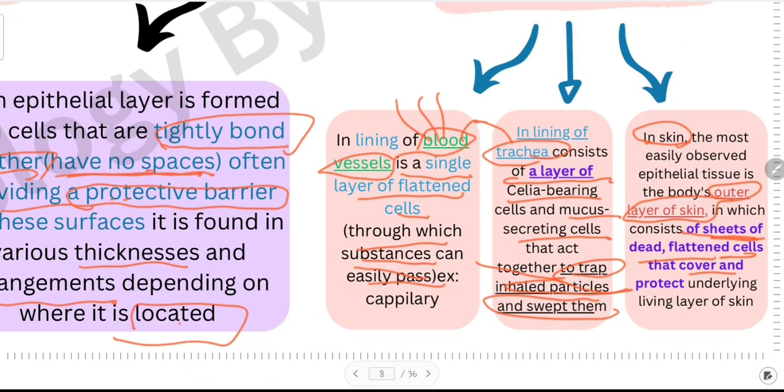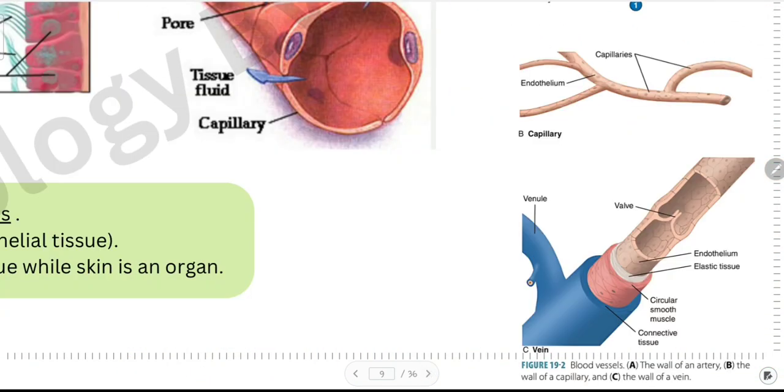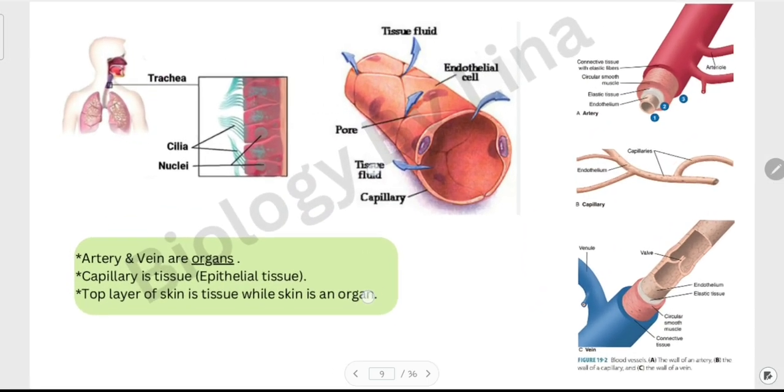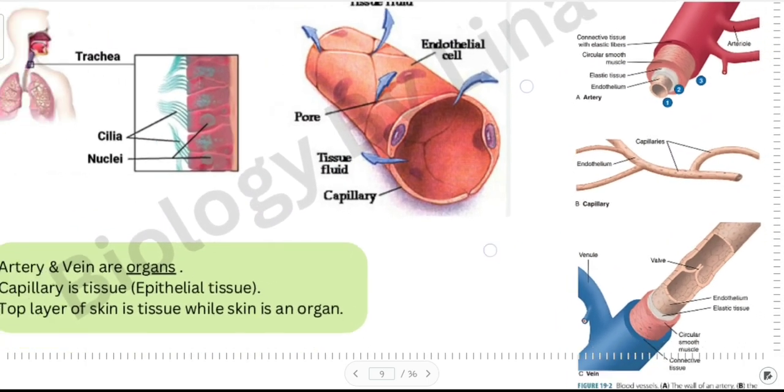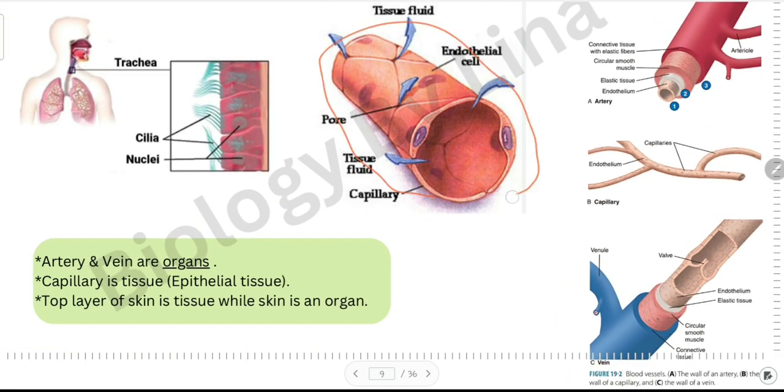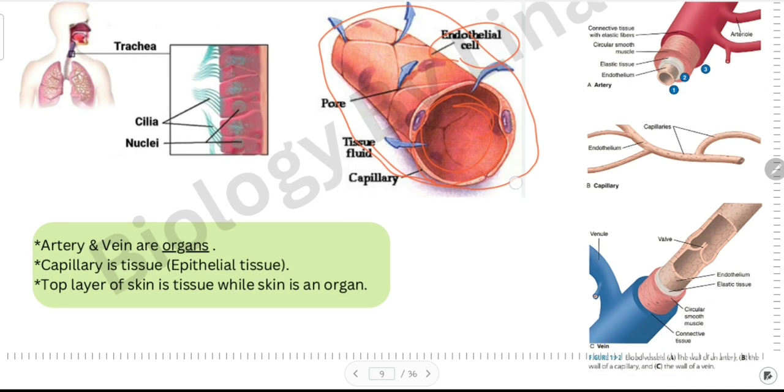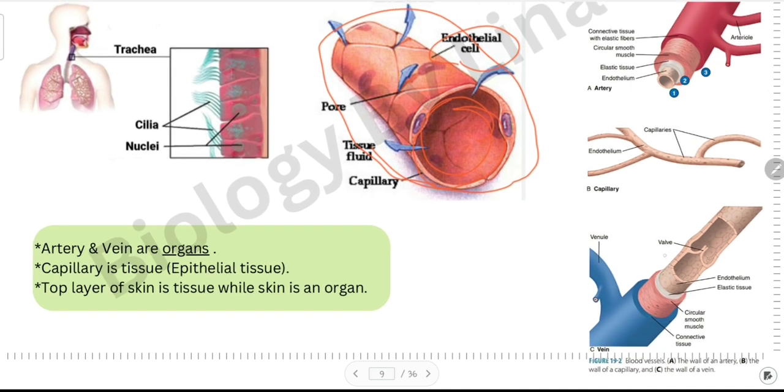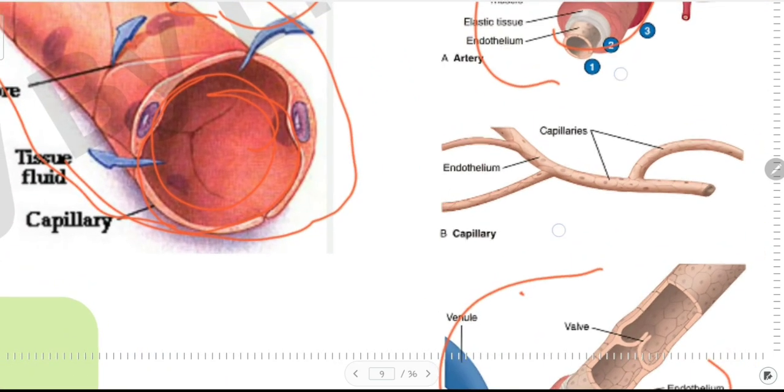For example, if you can see here in the figure, this is the structure of the blood vessel, and you can see that the capillaries here, which help in the gas exchange, are made of only a single layer, and this single layer is made up of endothelial or epithelial tissue, while the arteries and the veins have three layers.